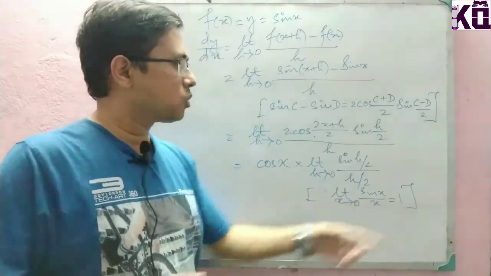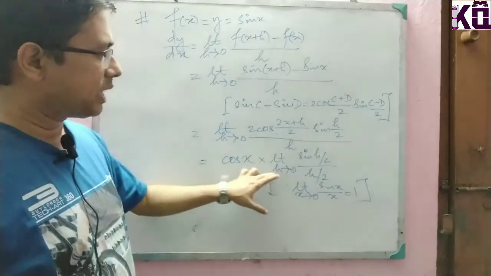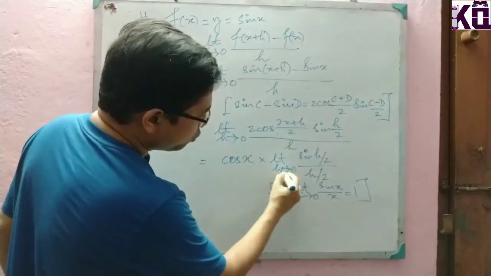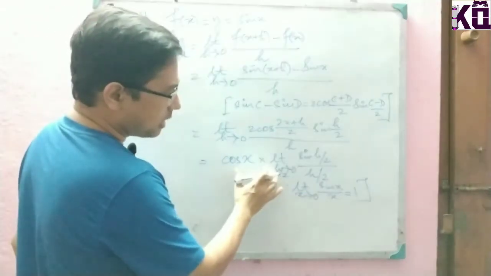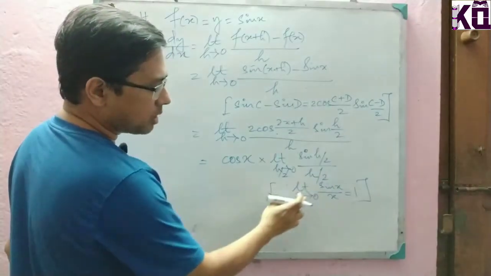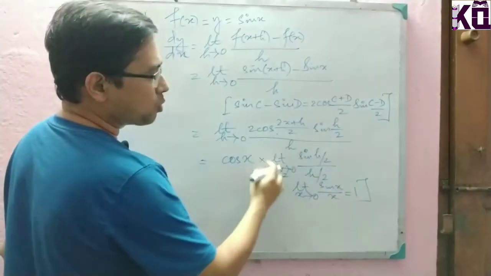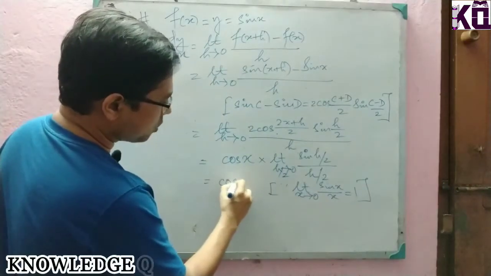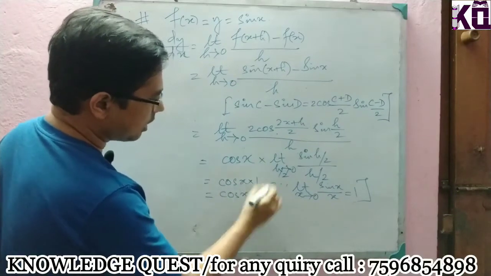So here also, sin(h/2) by (h/2), when h tends to 0, means h/2 also tends to 0. So this one h/2, this one h/2, is like x, x, x. Finally this particular portion becomes 1. So the value is cos x into 1, so cos x is the ultimate value.